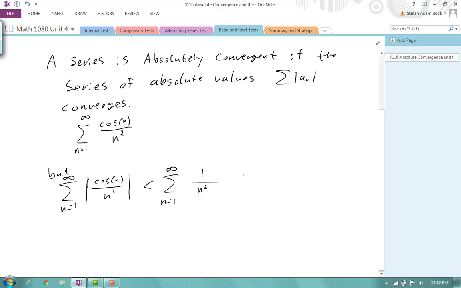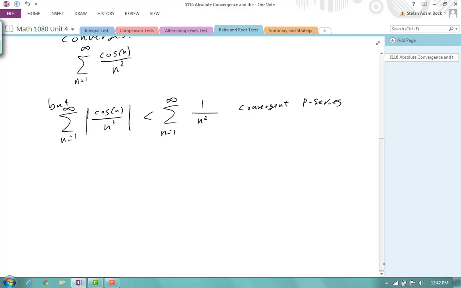And this is a convergent p-series. So what we say is that this series is absolutely convergent because the absolute value of the series converges.